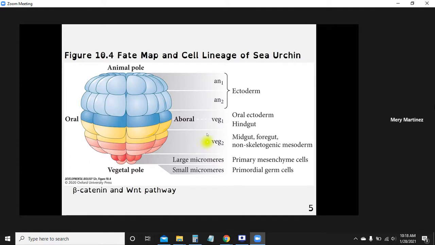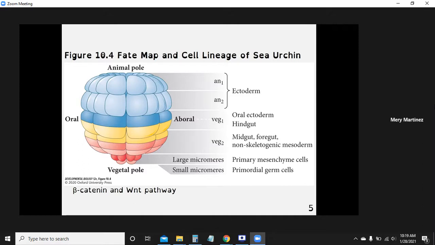VEG2, the second tier over here, gives rise to cells that can populate different structures. We have endoderm in yellow, which also will give the body wall, meaning the coelom, the internal mesodermal wall of the individual.